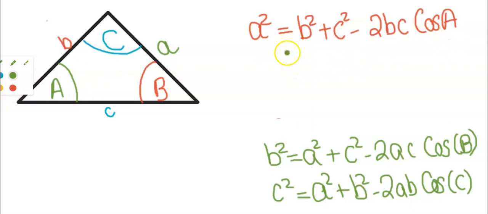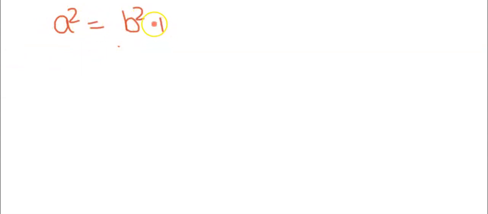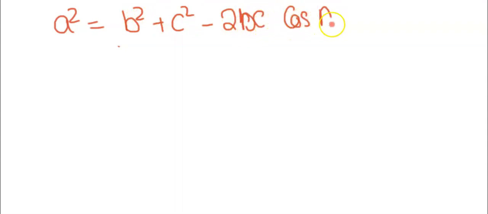Let's say we want to rearrange this formula to find the angle, with cos A the subject. To make cos A the subject, let me do that one here separately. So let's say I've got a squared equals b squared plus c squared minus 2bc cos A. Now I want to make cos A the subject.